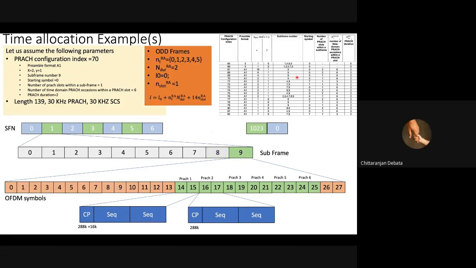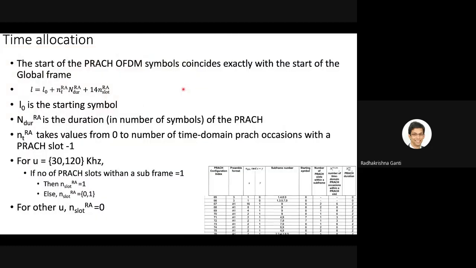So it is starting in the second slot, I think. Wait, 30 kilohertz. Yeah. You have to look at this. If the number of PRACH slots within a subframe is equal to 1, then N_slot^RA is equal to 1.